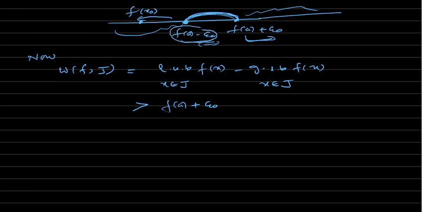So actually there is a point x naught in J so that f of x naught is not in the interval here and there. That means this number is not the least upper bound.